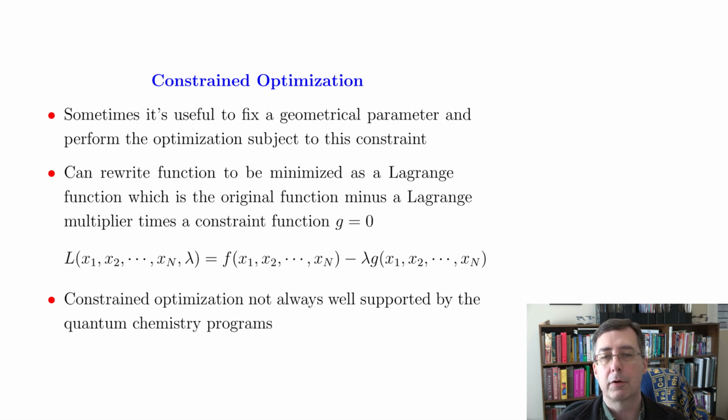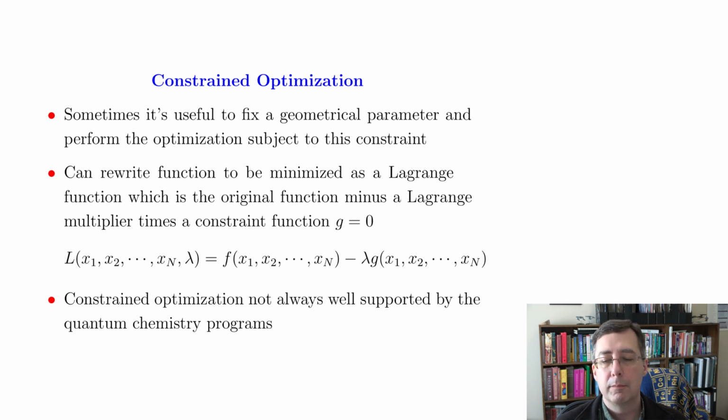Mathematically, it's simple enough to write this. All you do is use a Lagrange multiplier technique where you write some Lagrange function, which is the original function, the potential function, and then you subtract a Lagrange multiplier times a constraint function.